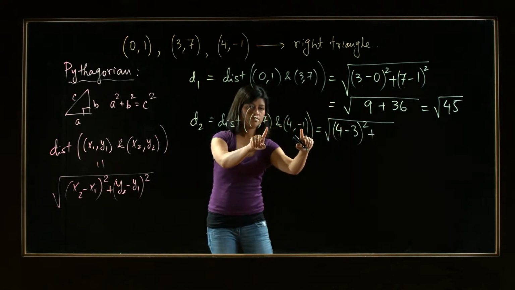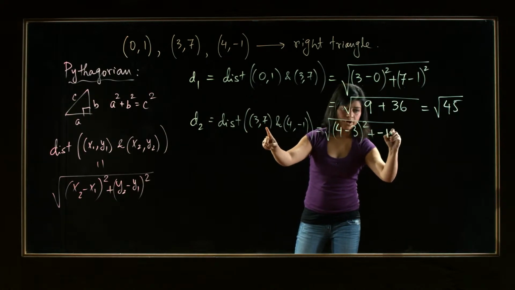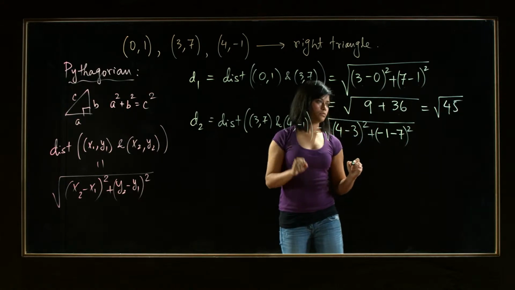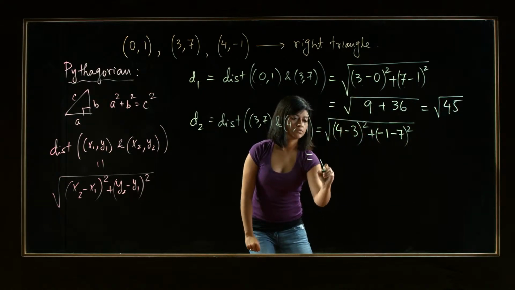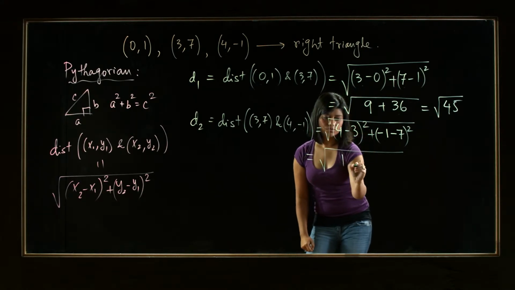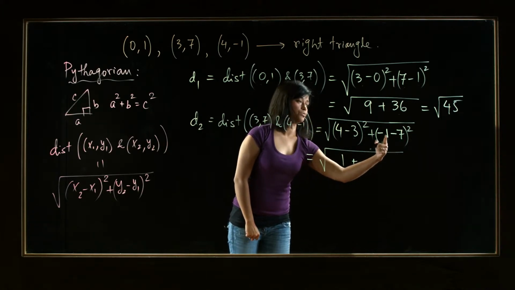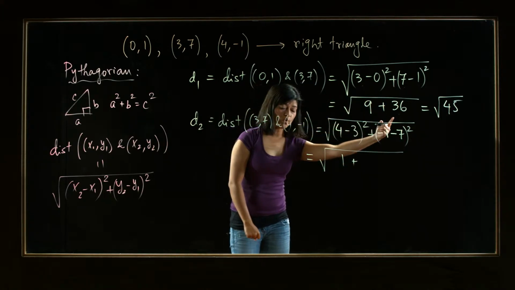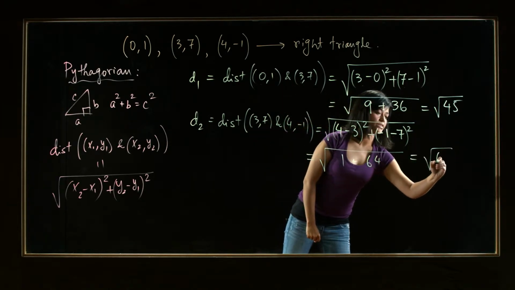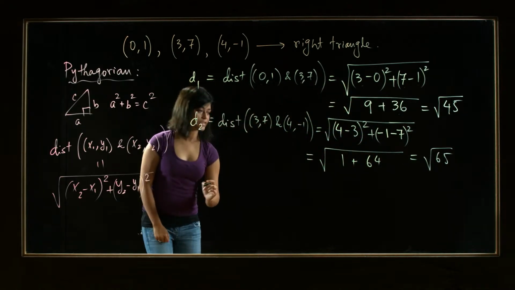Then add the difference of the y coordinates, -1 minus 7, squared. So 4 minus 3 is 1, and here we have -1 minus 7, which is -8. -8 squared is 64. So this is the square root of 65. That's our distance 2.